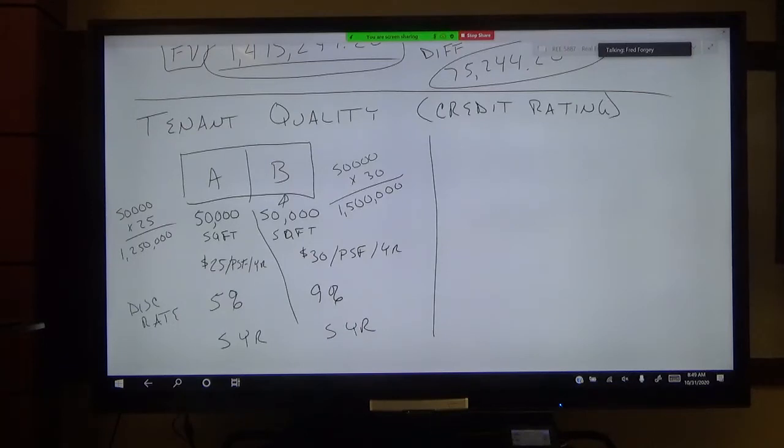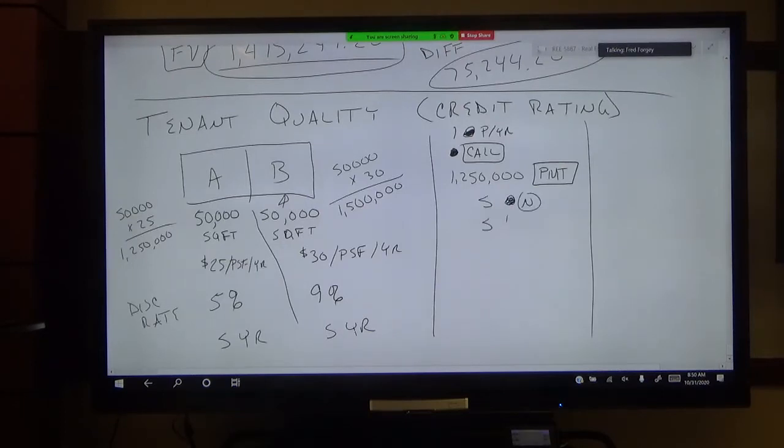Okay, so what we're going to do in this case, let's say tenant A, just kind of split the screen here. Tenant A, all right, and clear everything out. So what's going to happen here is we're going to have that 1,250,000. That is going to be basically our payment that we are going to receive for 5 years, and we are going to discount by 5%.